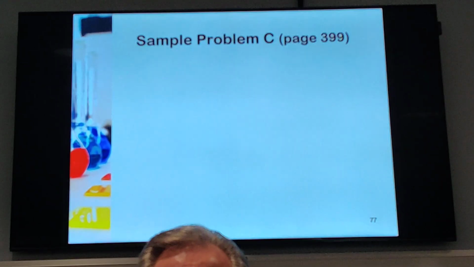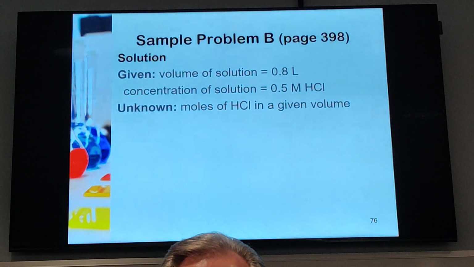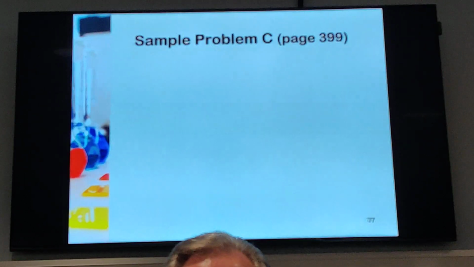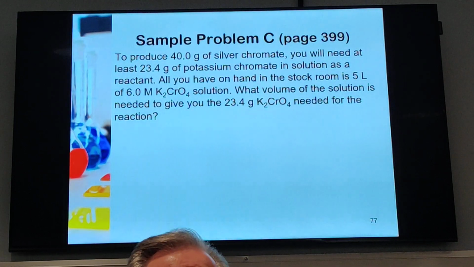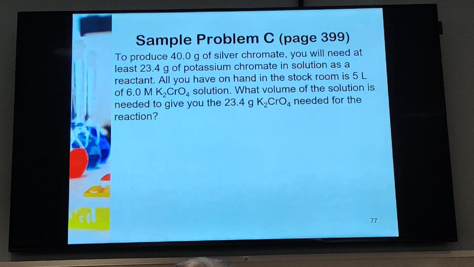Okay, so then let's go back to the third one that we didn't get to yesterday. Okay, this is the one the bell rang on. So let's do this one. They gave us 40 grams of silver chromate.